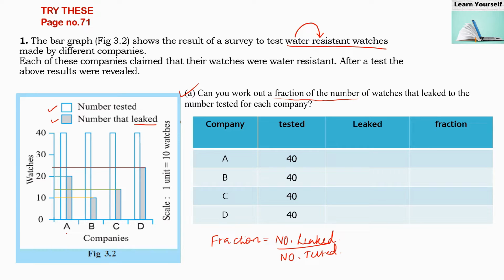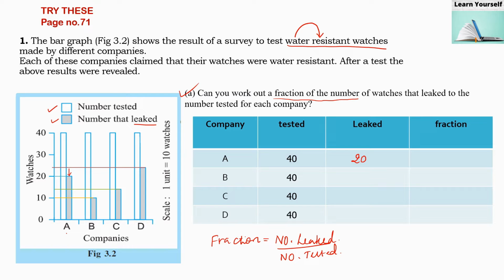Now let us find out how many watches leaked per company. So first let us find out for A. You can put a ruler or a scale and check the number. Here I have already made marks so that we can see it easily. This bar graph shows us the number of leaked watches. So it is 20. For company A, 20 watches leaked.